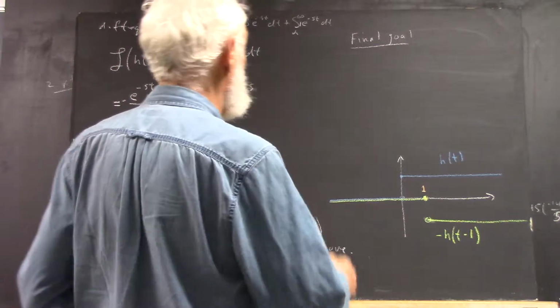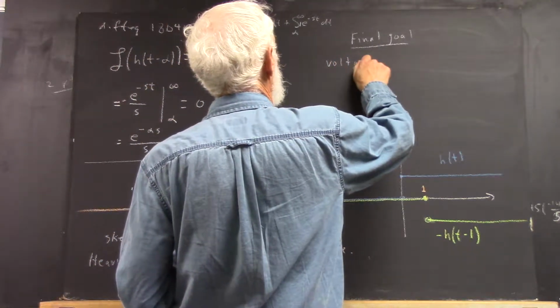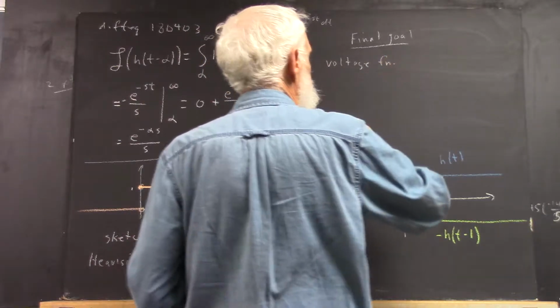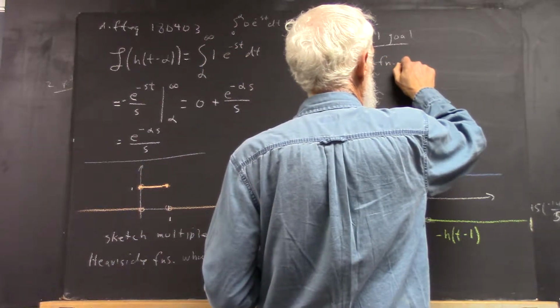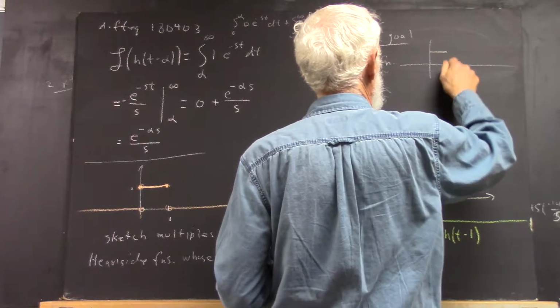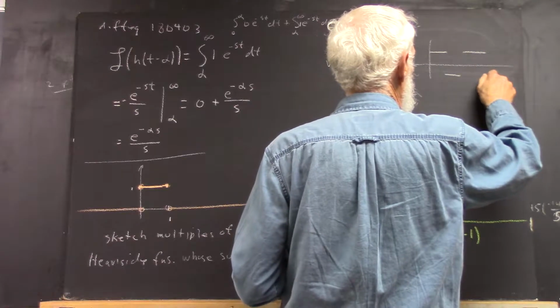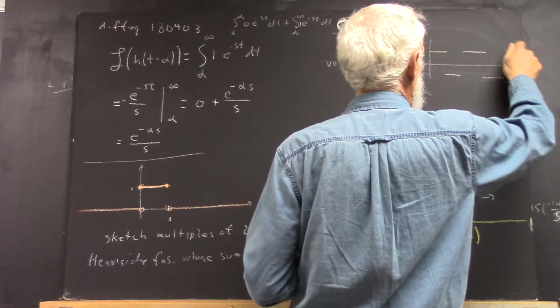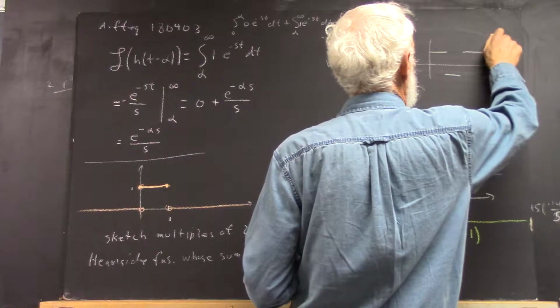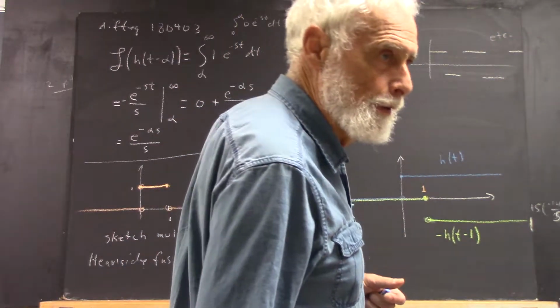And what we want is our voltage function. And we'll let the voltage function start at 0. It goes this way, and this way, and this way, and this way, and this way, forever, or until we decide to stop cranking the generator.